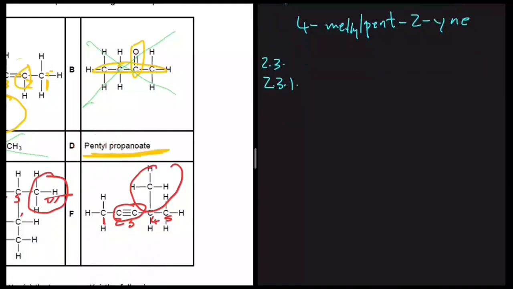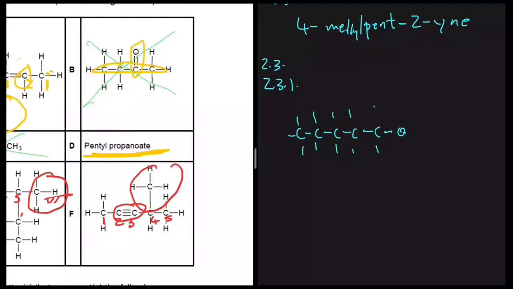So let's write the structural formula. We know fully well that pent is 5, right? So we're going to have 1, 2, 3, 4, 5. We're saying that the first part is the alcohol, right? So here we were supposed to have OH, but then when it forms an ester, it loses this hydrogen here. And everywhere else where I'm putting a dash, you fill that with hydrogens, right?